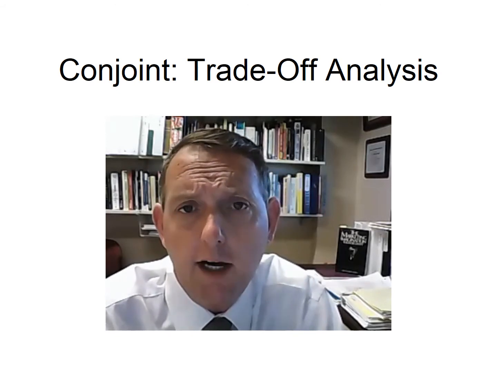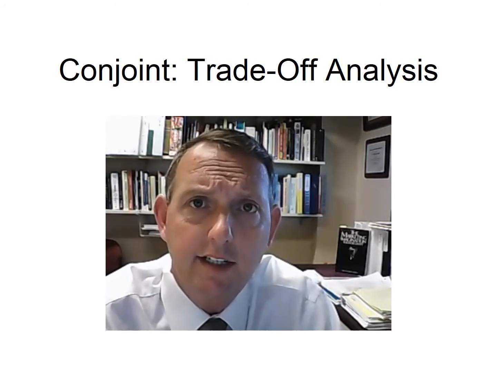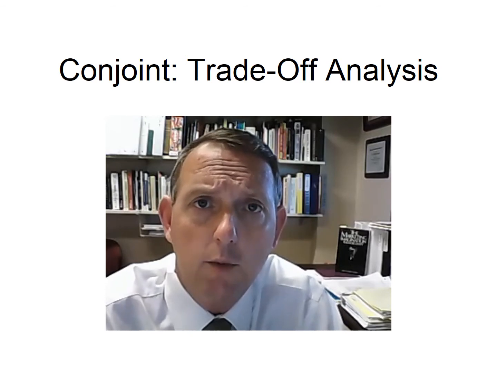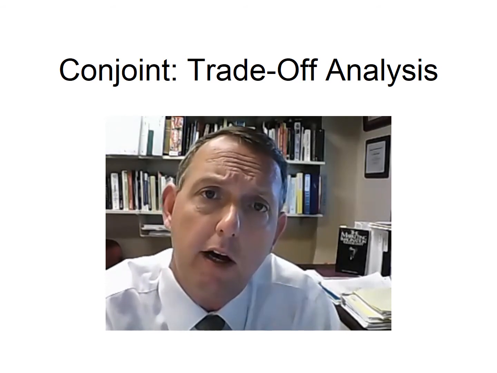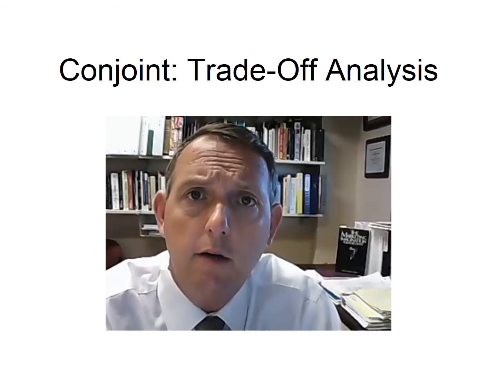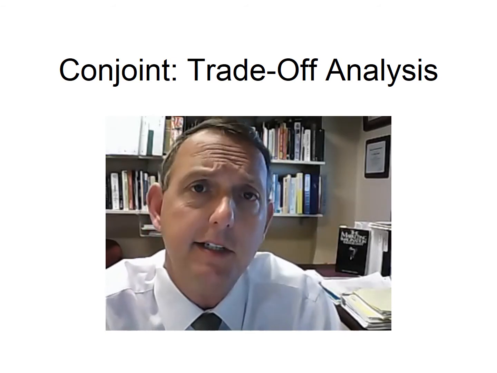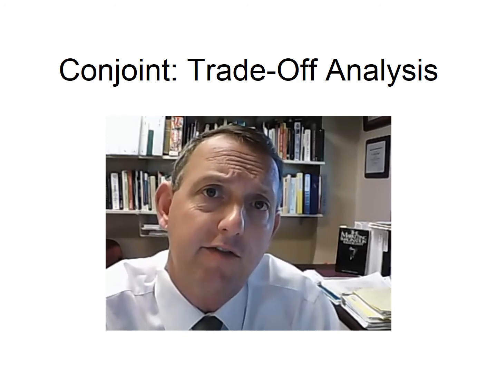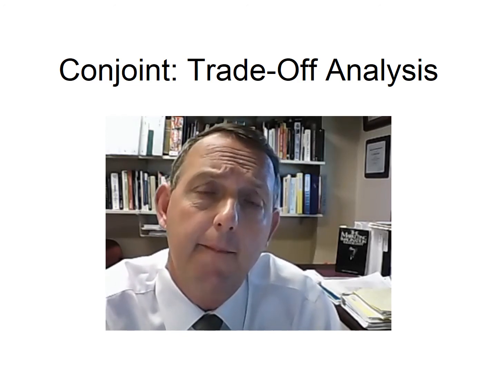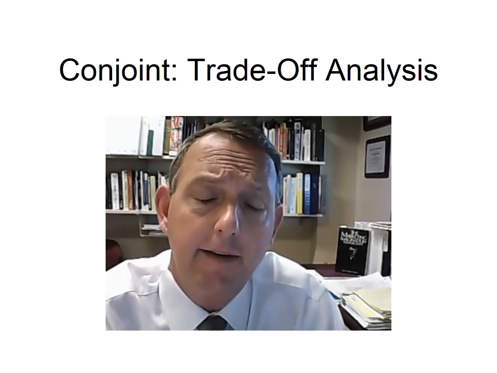So we're going to apply something called conjoint analysis, where we have a product that is essentially broken down into many different individual pieces. Those pieces are the factors or attributes that the product can take on.